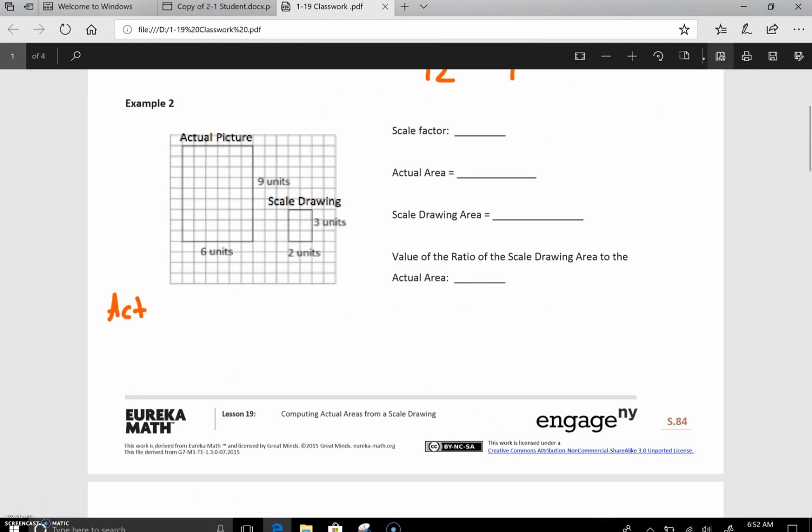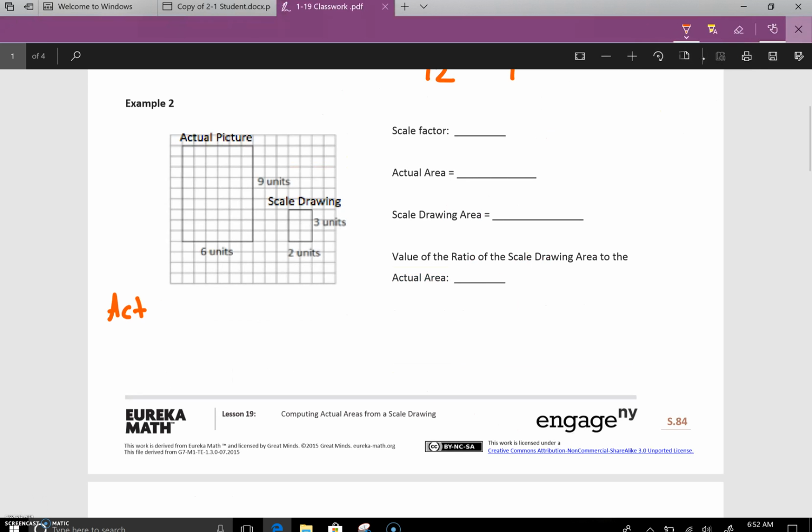Okay, let's take a look at example number 2. And we're going to keep in mind that when we write these down, we have scale on top and actual on bottom, just like it was in our tables yesterday. So first of all, let's find the scale factor. Pick a side on your picture.